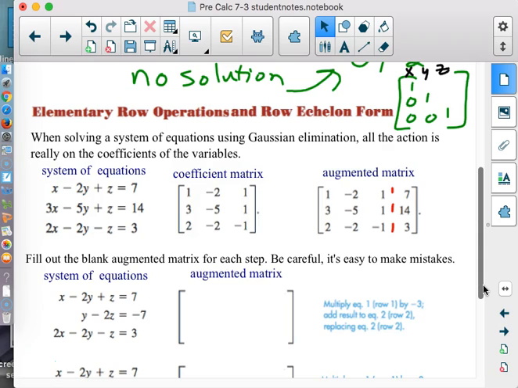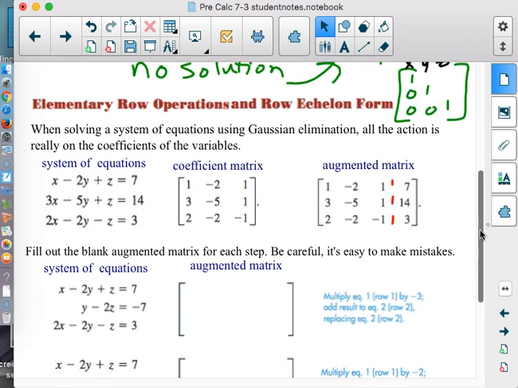So this was my X, my Y, and my Z. Those were the answers on the other side. So here's what we're going to do. We are going to try and take this matrix, our augmented matrix, and make it have 1s on the diagonal and 0s below, so that then we can take our Z answer and back substitute into the other two.